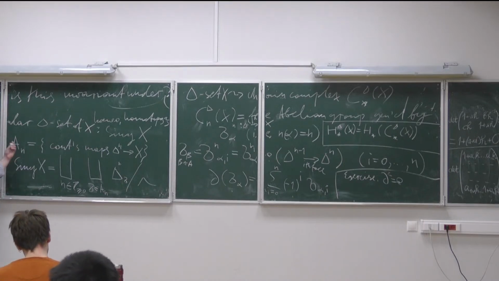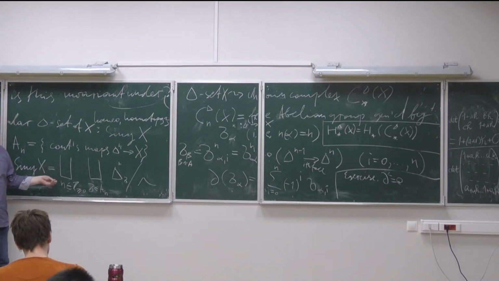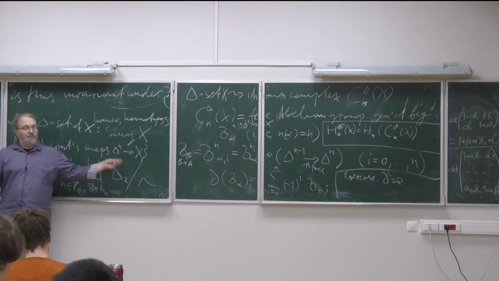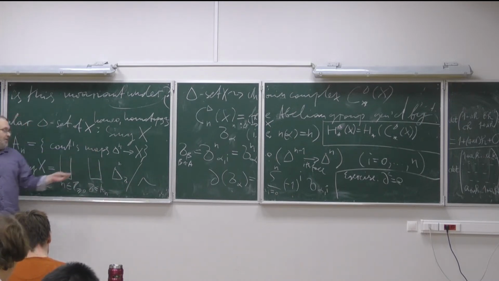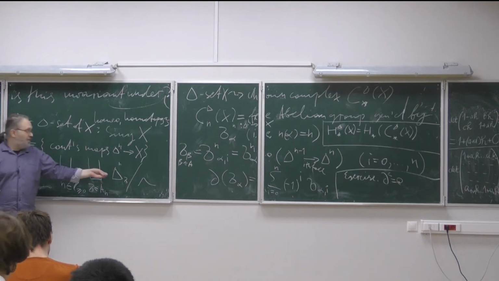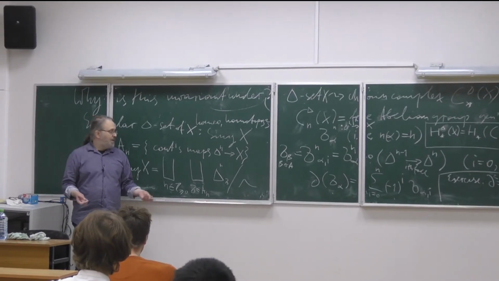Now, I define the thing, the singular complex of X. How? First of all, I take the union of many copies of the standard simplex. How many? Well, as many as there are elements in all the A_n. For each element of A_n, I take the standard simplex of dimension n, which sort of makes sense.